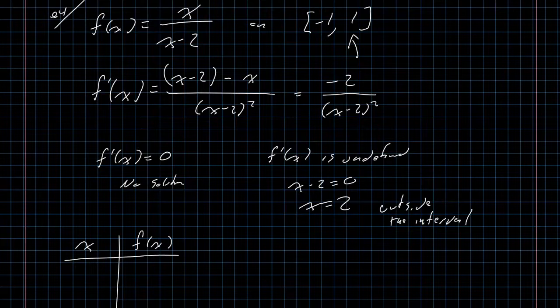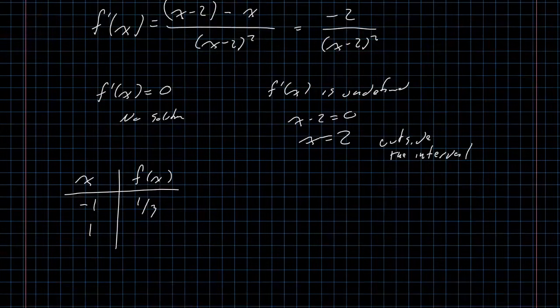Right. With that, I'm going to set up a table. And on the table, I put in my endpoints. I would also put in any critical values that fall inside the endpoints, but our only critical value is outside the endpoint, so we don't worry about it. Then I evaluate the function at each of these points. f of negative 1 is negative 1 over negative 3, which is positive 1/3. f of positive 1 is 1 over 1 minus 2, 1 over negative 1, which is negative 1.